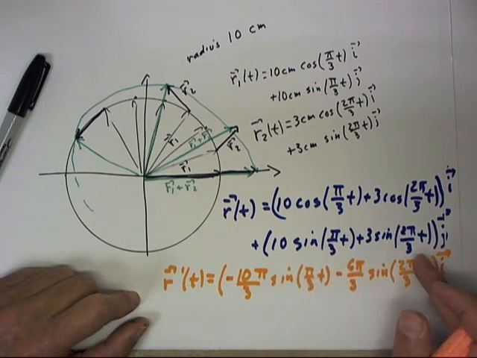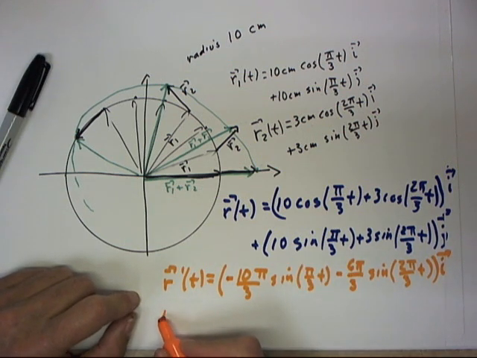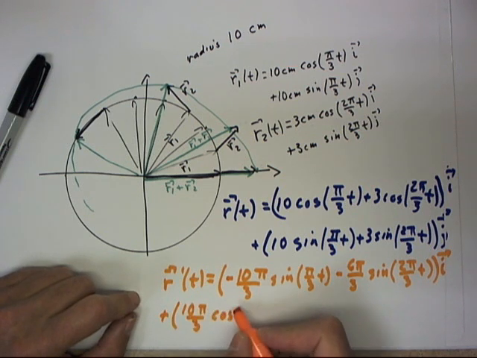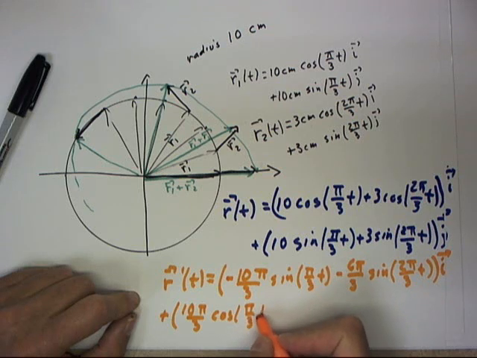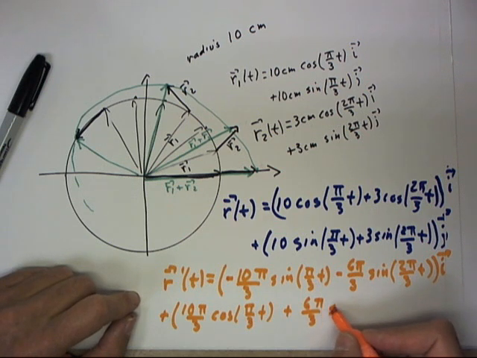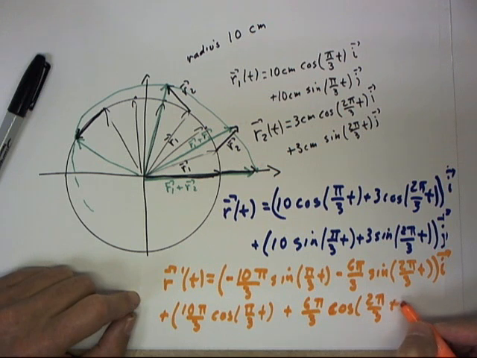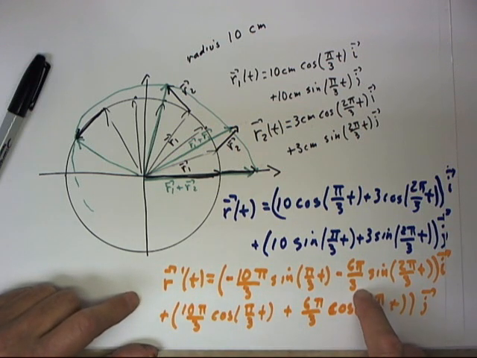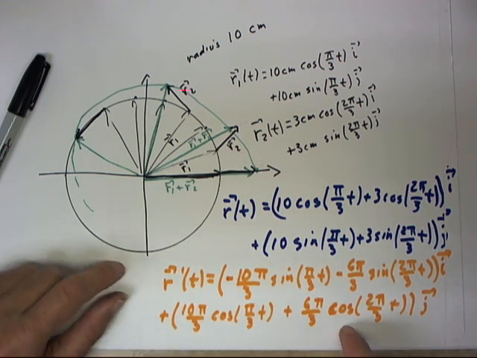Okay, anyhow, the derivative of the J component is found equally easily, and we see that that's going to be 10 pi over 3 cosine pi over 3t plus 6 pi over 3 cosine of 2 pi over 3t times j. Now, of course, there's simplification. 6 can be divided by 3 and so forth.